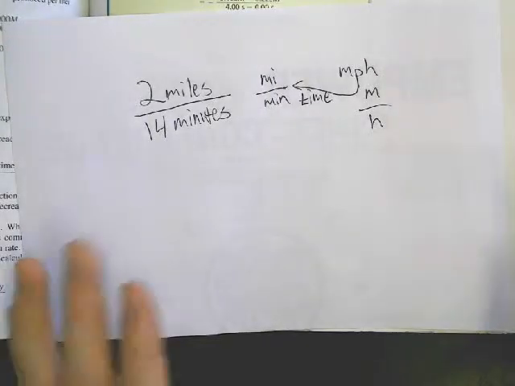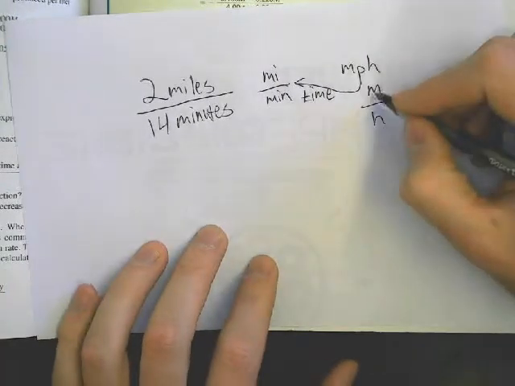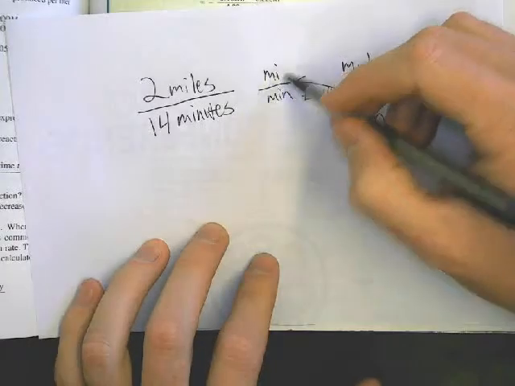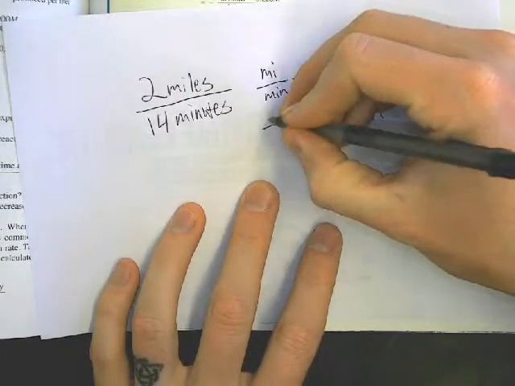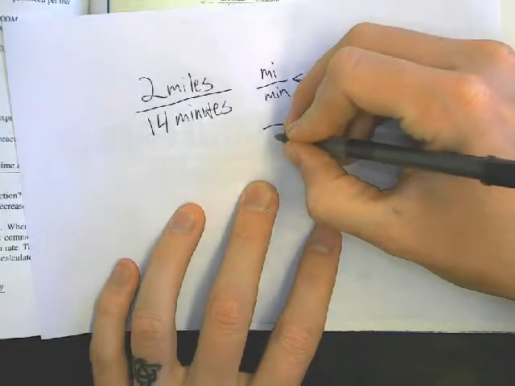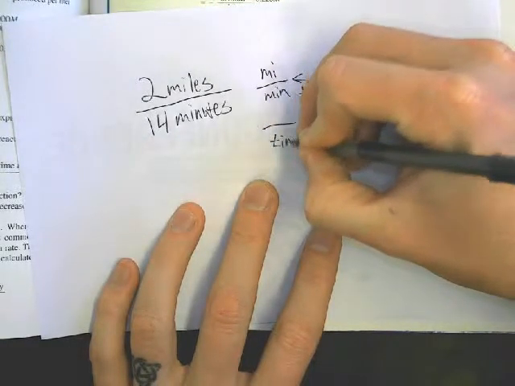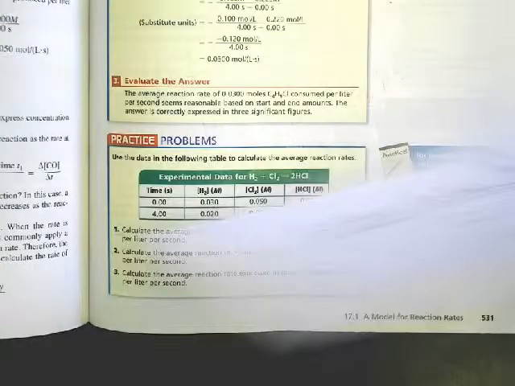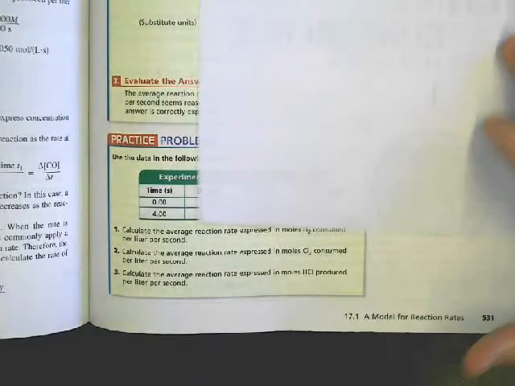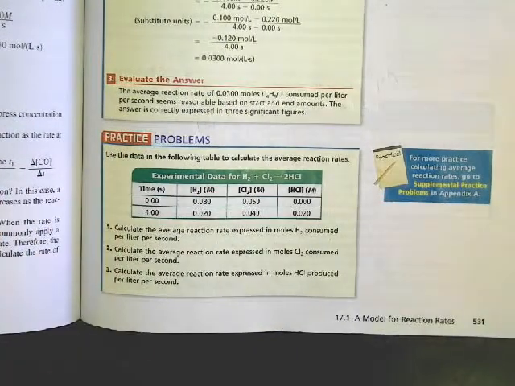So far so good? Okay, so when we talk about rate, we go miles per hour or miles per minute or something over time, right? So the key idea is something goes on the top and it's going to be over time on the bottom. Okay? So with that in mind, let's take a look at these problems.